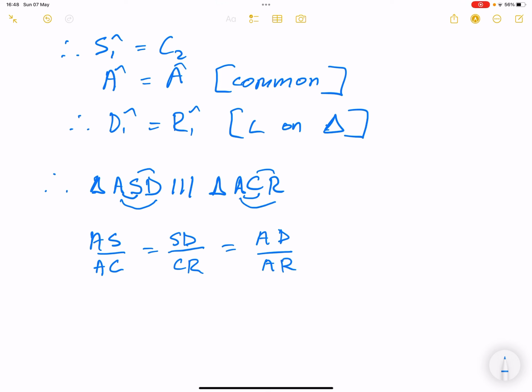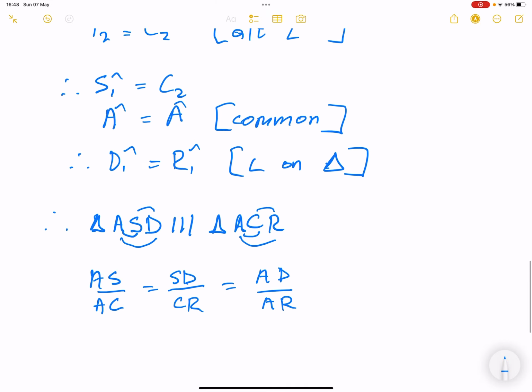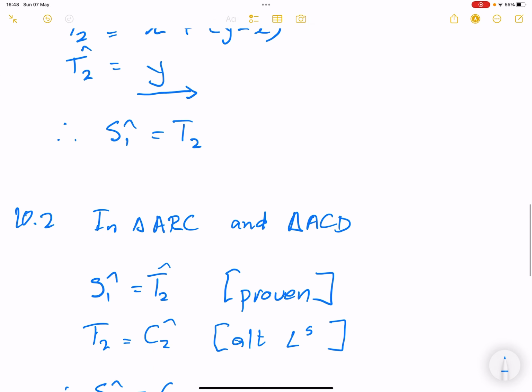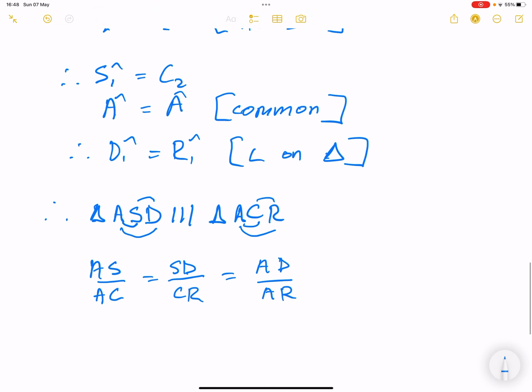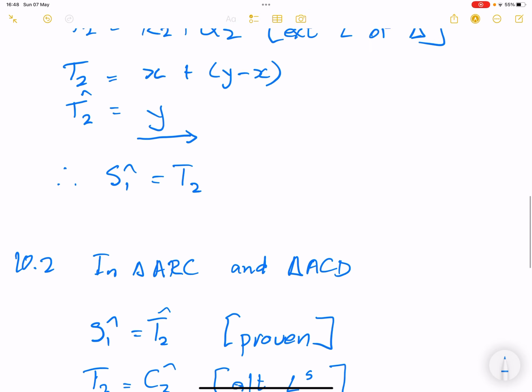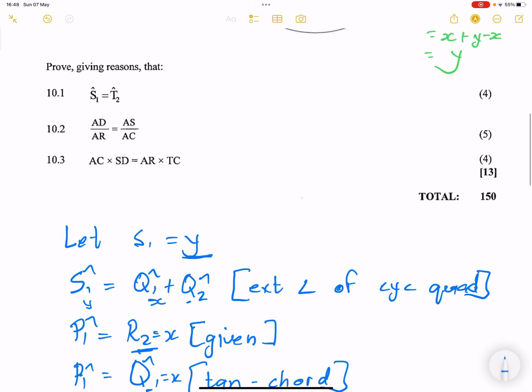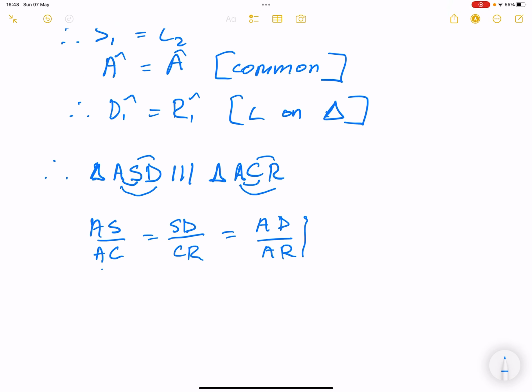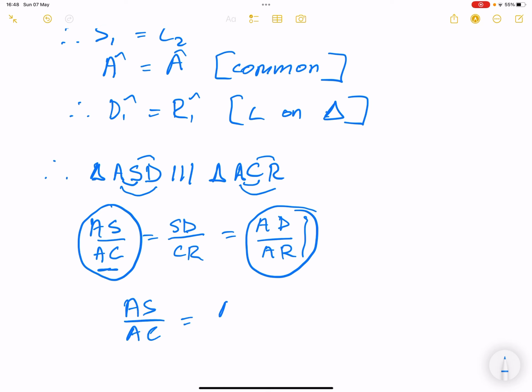Okay, but we are looking at AD over AR, which is this one here. And then we also wanted AS over AC, which is this one here. So there it is, we've proven it. So AS over AC is equal to AD over AR.